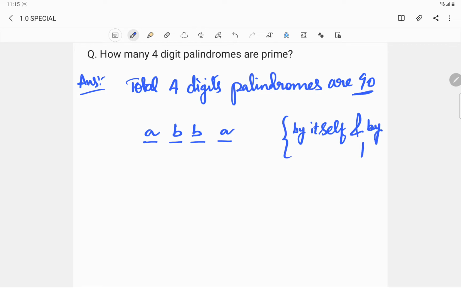So a number is prime if it is divisible by only itself and 1. Any other number would be a composite number.